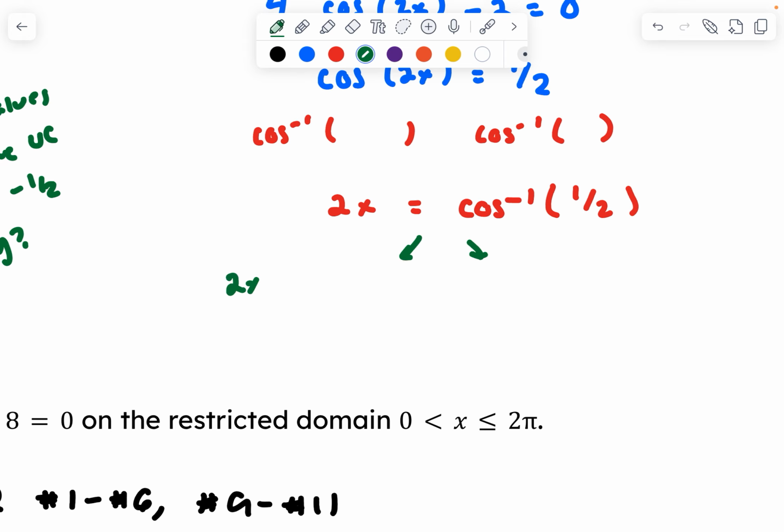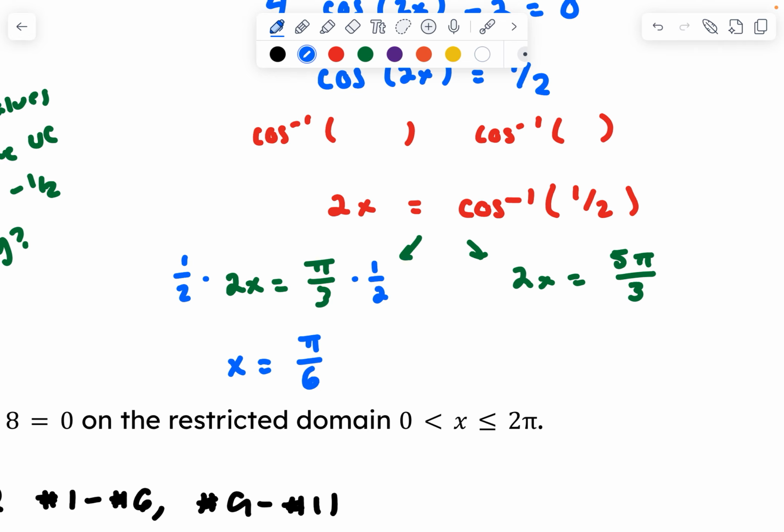And I'm going to say 2x equals pi over 3, and 2x equals 5 pi over 3, okay? In order to get x by itself, I need to divide by 2, okay? Remember, dividing by 2 is the same as multiplying by 1/2. So x becomes pi over 6.